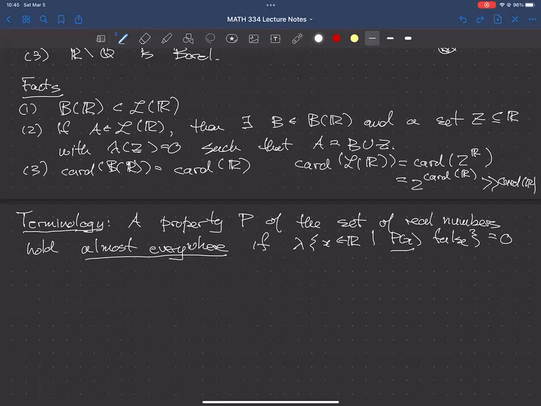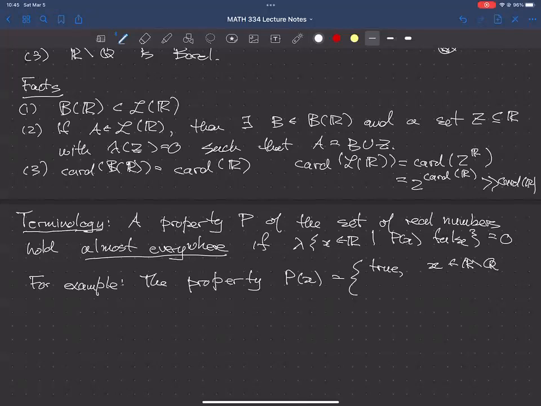So for example, the property P of x equals true if x is irrational, and false if x is rational, holds almost everywhere.